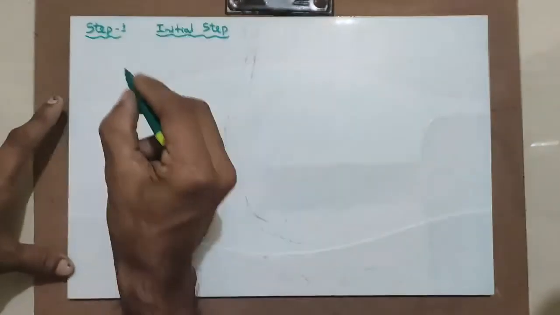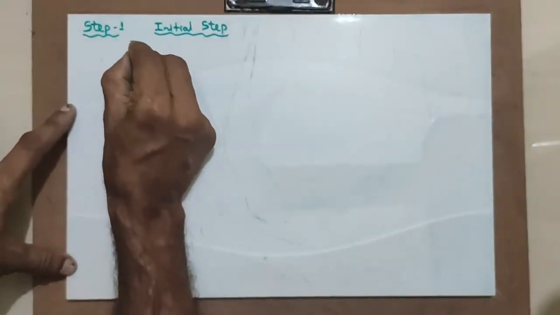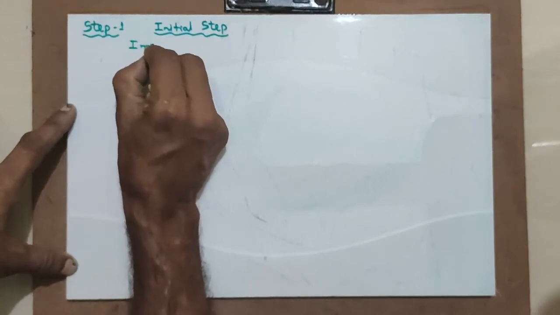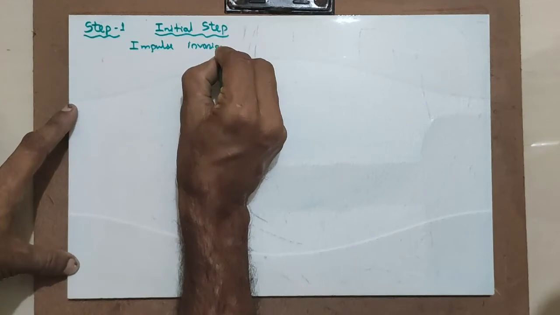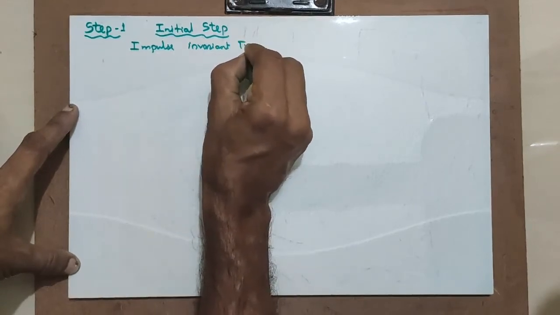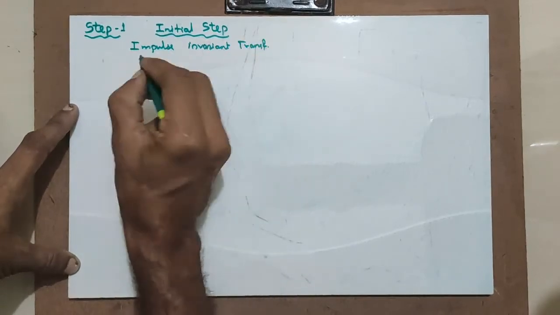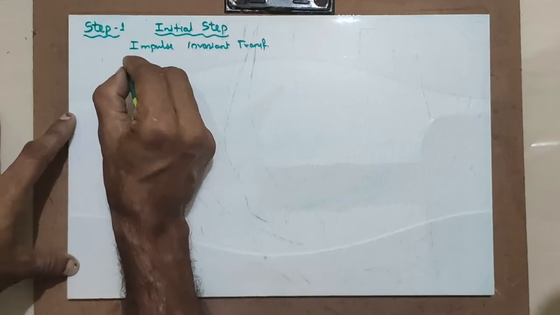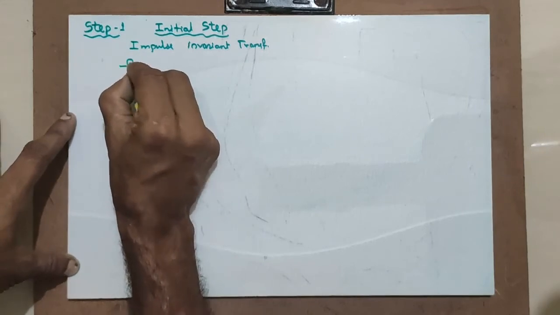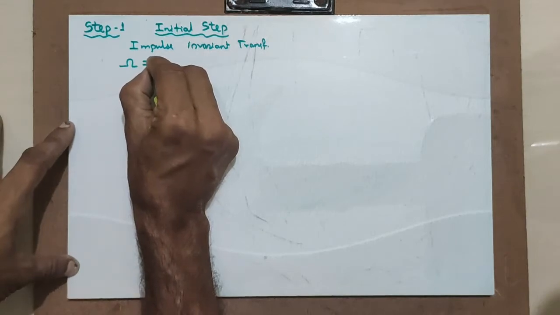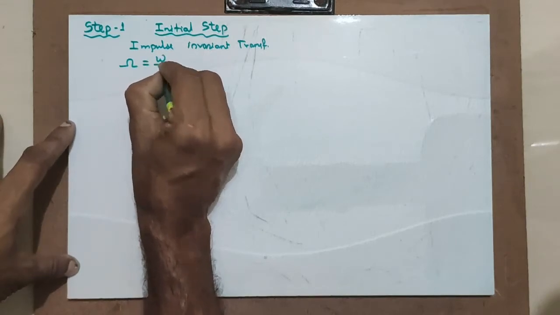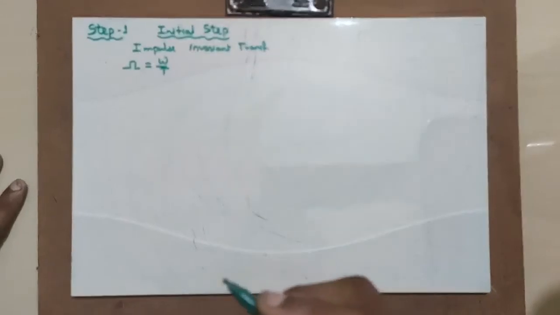Now in the case of impulse invariant transformation, the analog filter and the digital filter are related with omega equal to W by T. For the theoretical background, look into the previous videos.